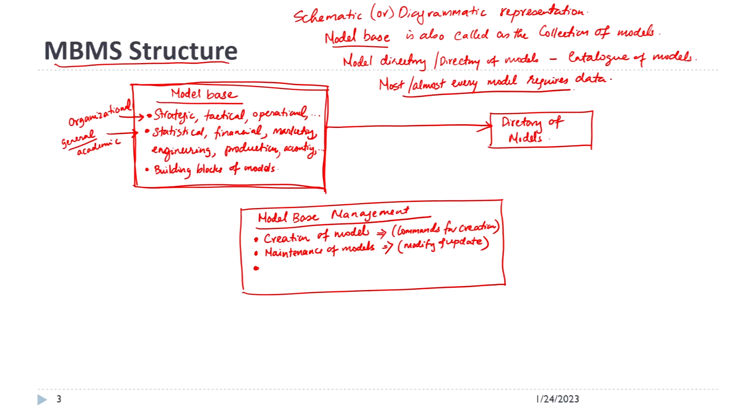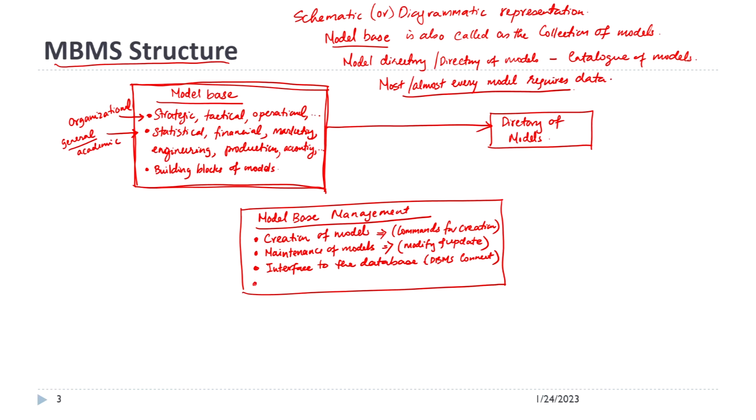So, since the models require data, you need an interface to the database. You need to create some interface to connect to the database, or you can say DBMS connect. How do you connect to the database management system? That is another aspect of the model based management.